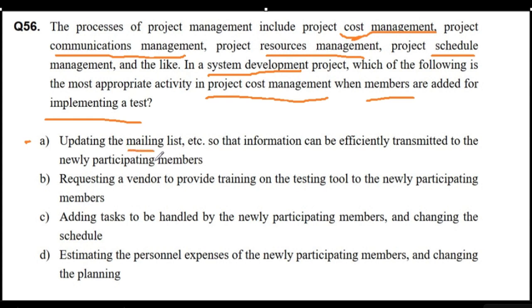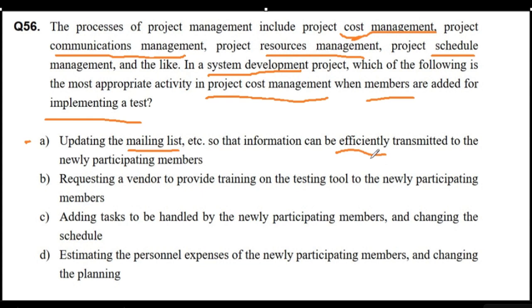I thought that the mailing list part and the efficiency keyword here are the things that we need to do so that the cost would go down, because usually the communications problems that occur where you got people who maybe they don't have access to their email, or they need to be contacted in another way, and so they don't know what's happening.